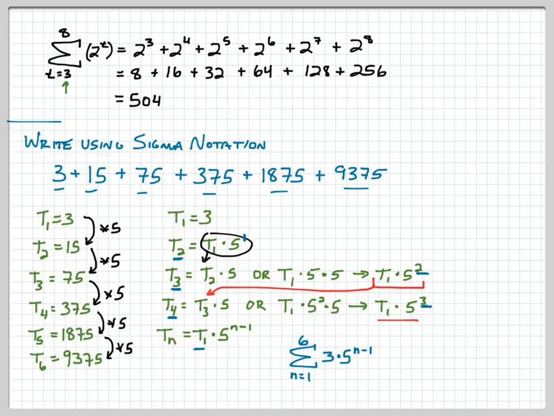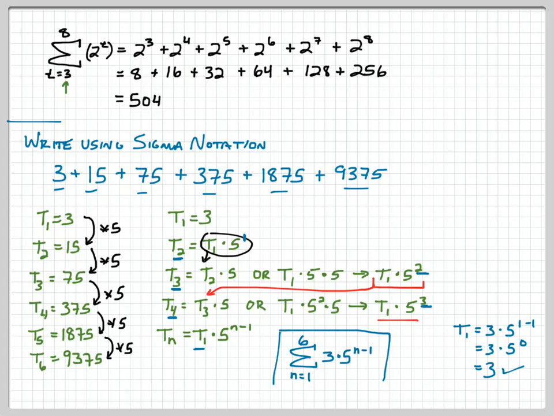Now, I've got this formula, but let's make sure that this works. We've checked it with everything except that first term. So t of 1 is 3 times 5 to the 1 minus 1 power. That comes out to be 3 times 5 to the 0 power. Remember, anything to the 0 power is 1, so we end up with 3, so that works.